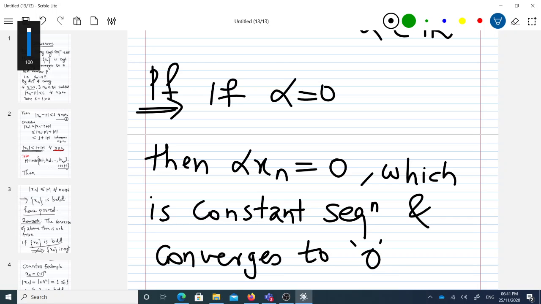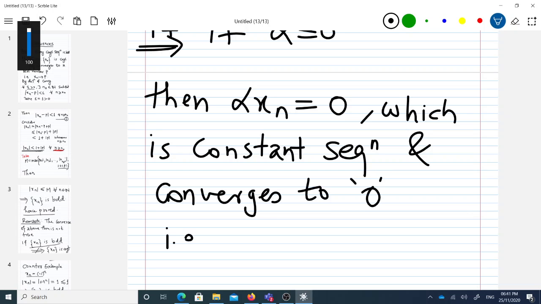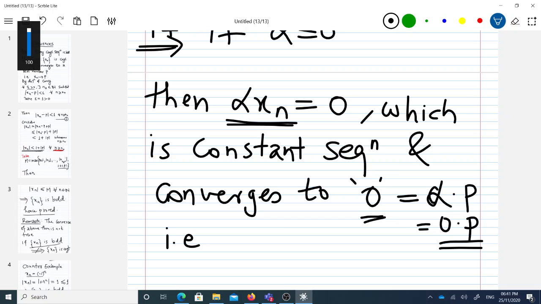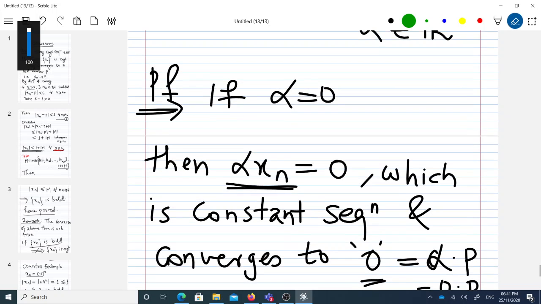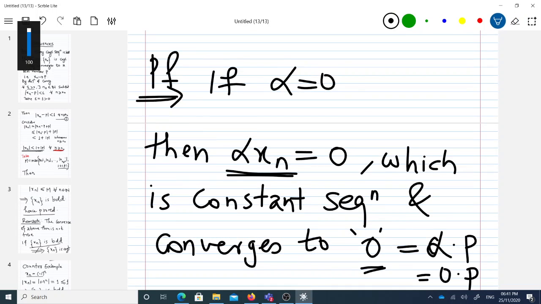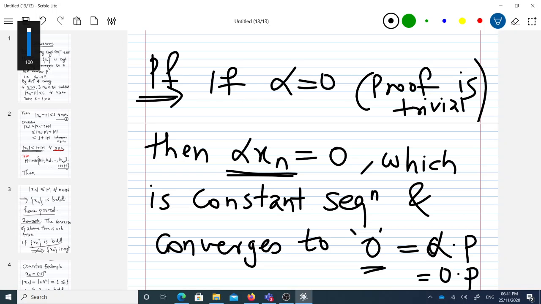This 0 can be written as alpha times p, where alpha is 0, so 0 times p. So you can see that alpha xn, which is 0, converges to 0 times p, which is again 0. So when alpha is 0, the proof is very trivial. Trivial means you need not think much, or it is very straightforward.